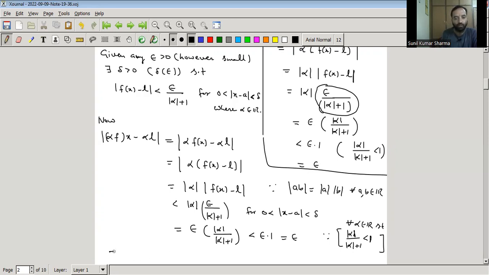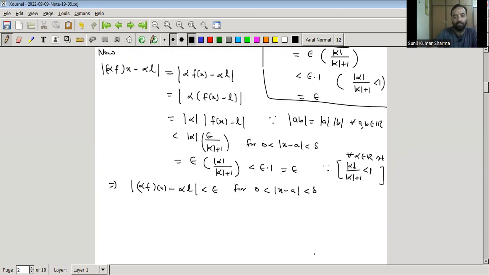So this implies mod of alpha f at x minus alpha L is less than epsilon for 0 less than mod x minus a less than delta.